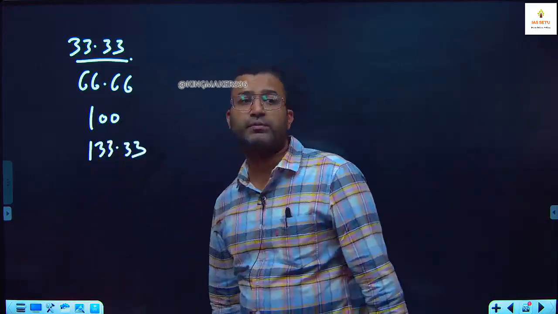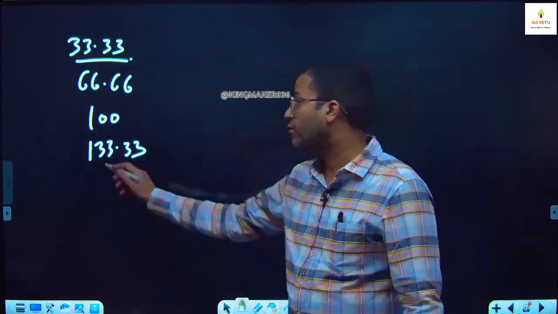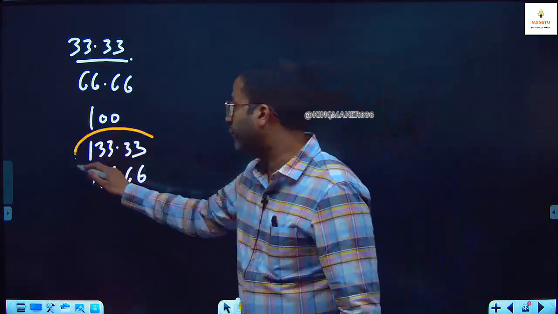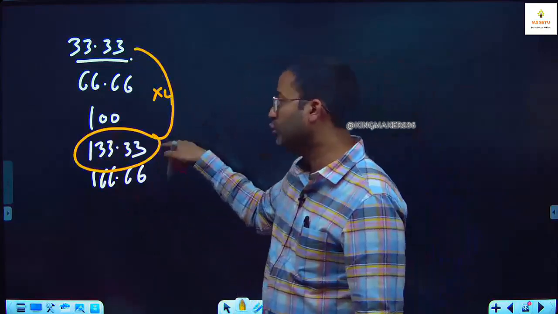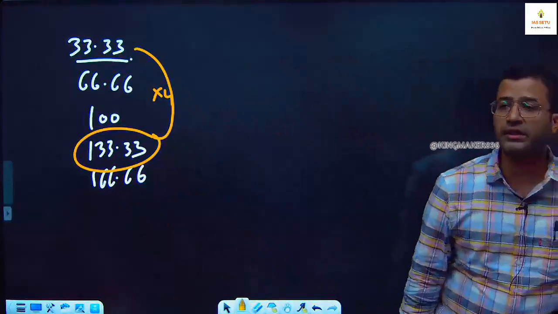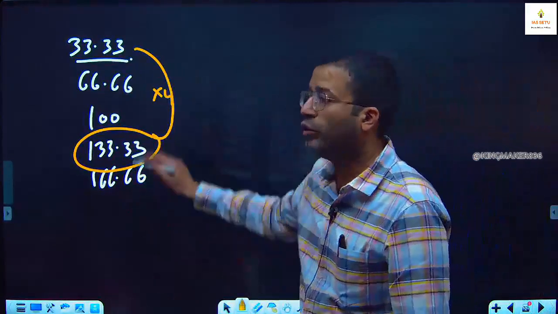What is 33.33 multiply with 5? 166.66. So this is 4 multiple of this. I will use this value today. तभी मैं बता रहा हूँ. 133.33 is nothing. That is a 4 multiple of 33.33.